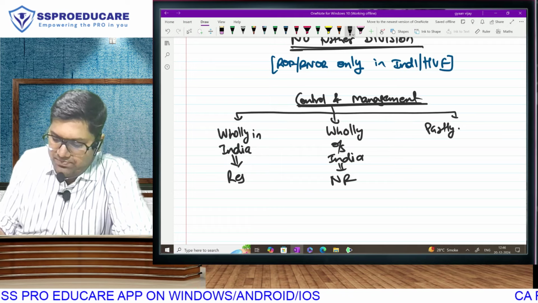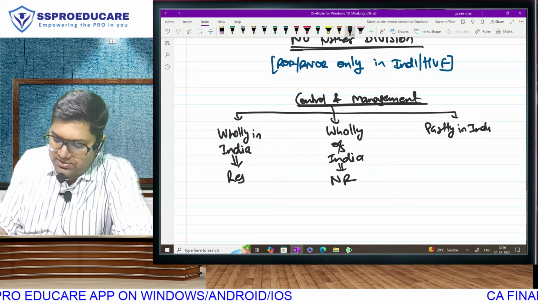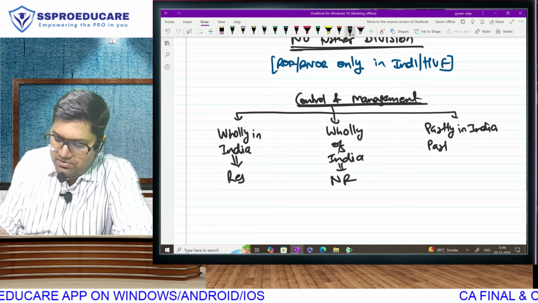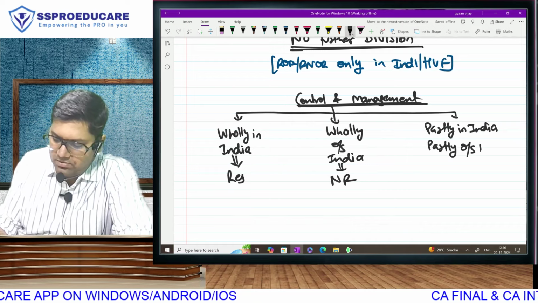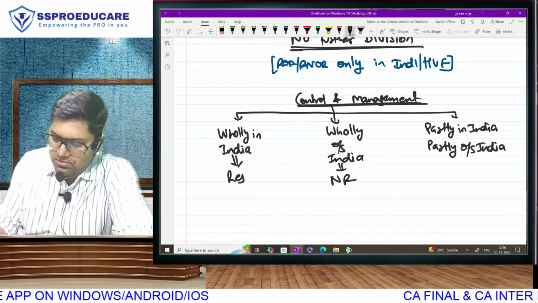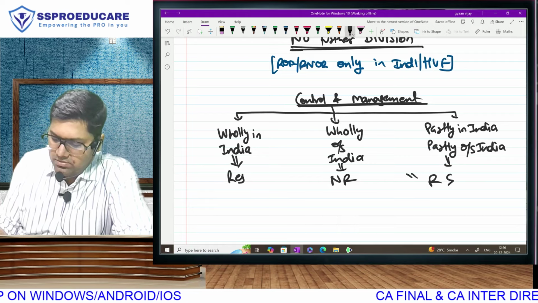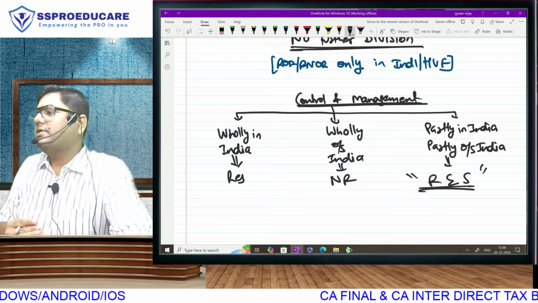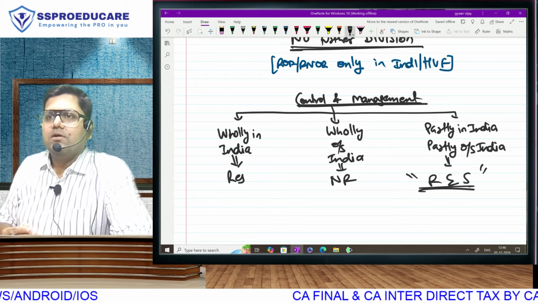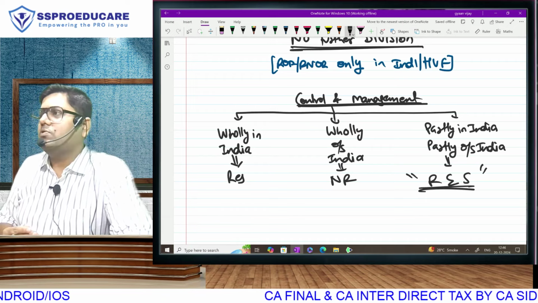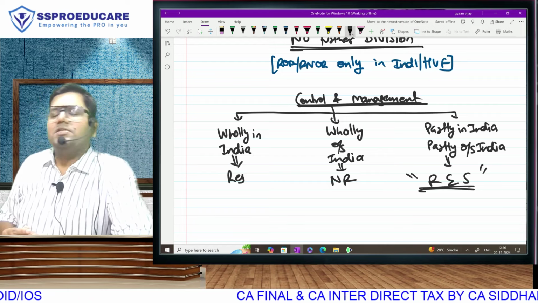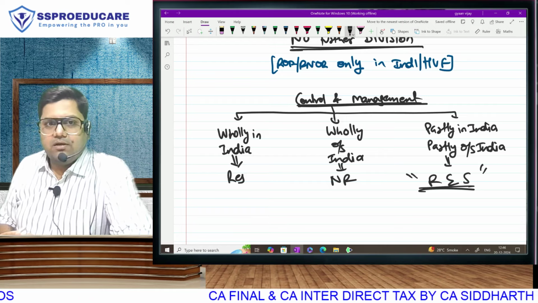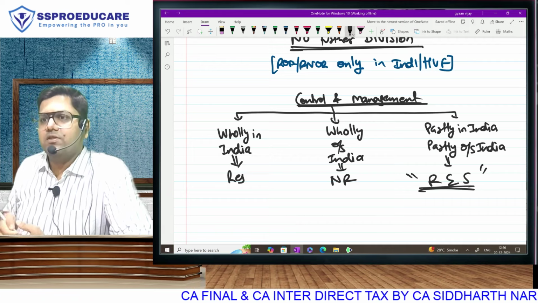Partly in India, and obviously the other part outside India. If even one decision is taken in India, it is going to be considered as resident. So it will be non-resident only and only if all the decisions are taken outside India. Is that clear? And after this, there is no further division.